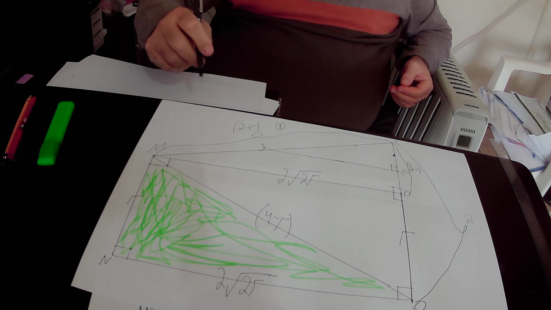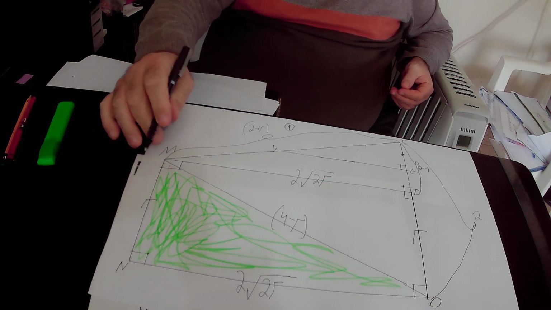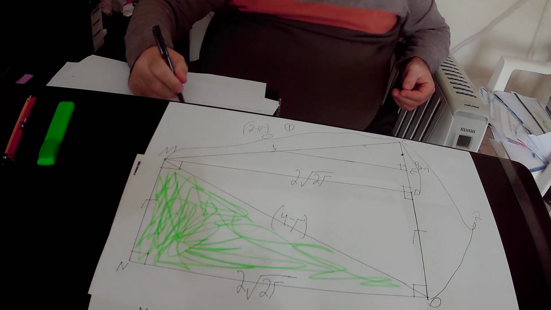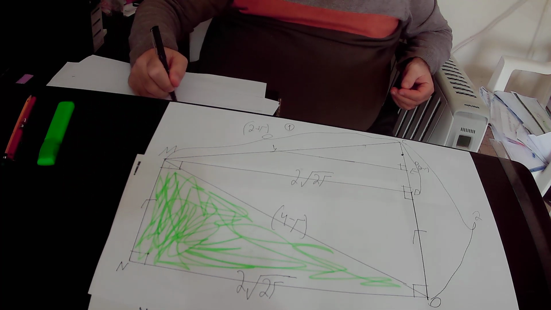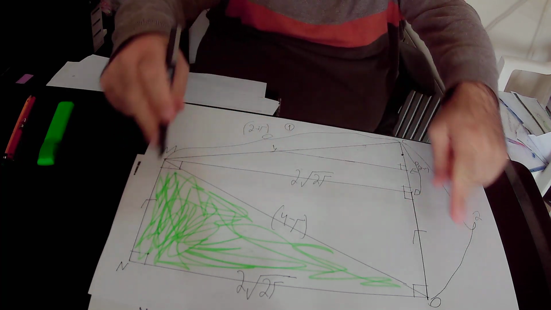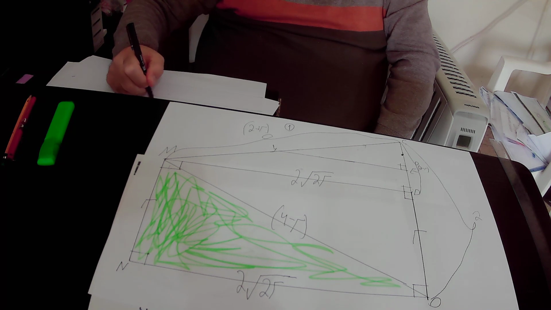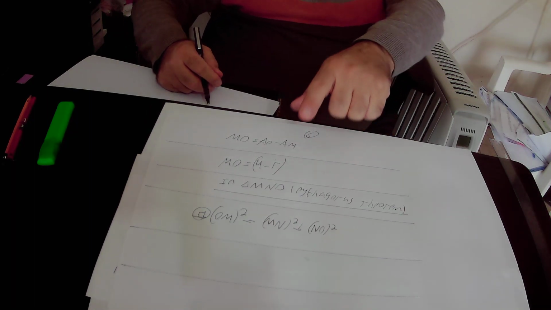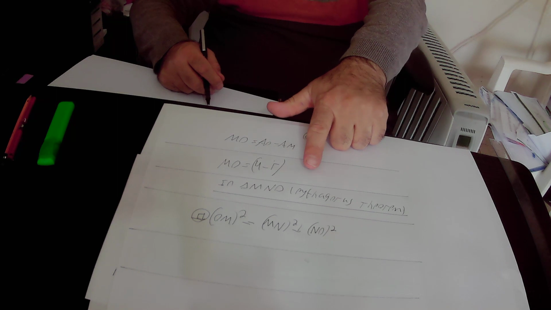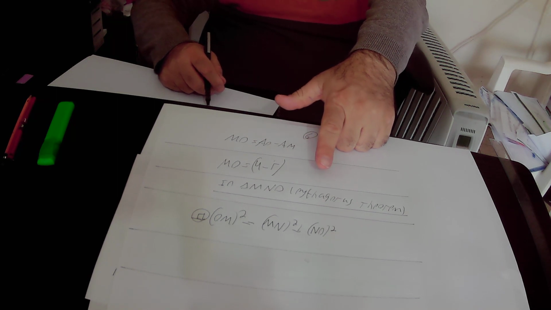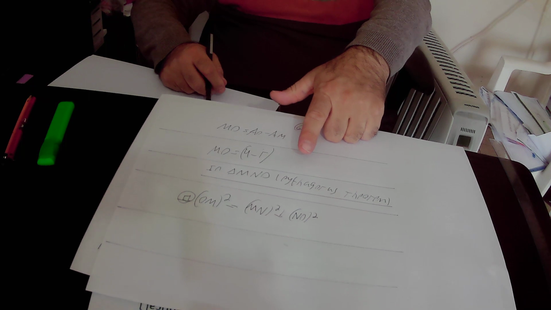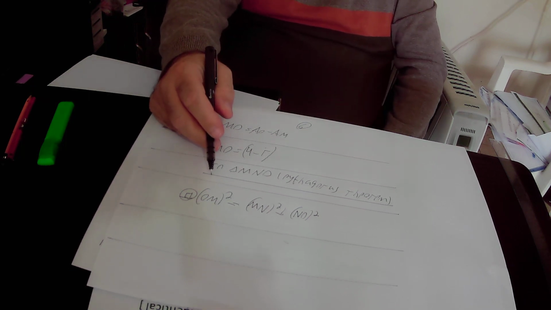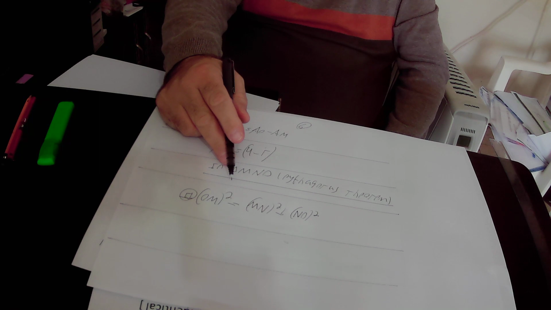And it equals the sum of the squares of the perpendiculars, that is to say it equals MN squared plus NO squared. I'll repeat again, in the right triangle MNO, according to the Pythagoras theorem, MO square equals MN square plus NO square.